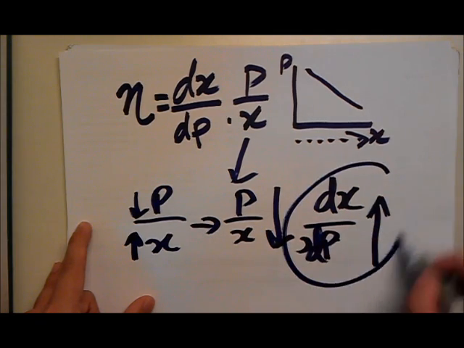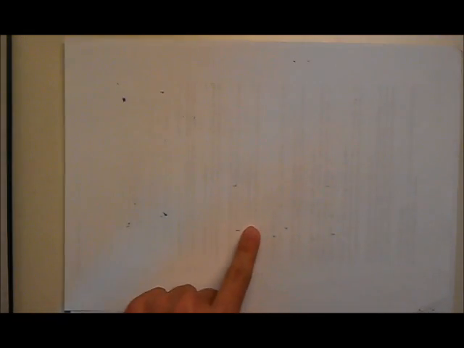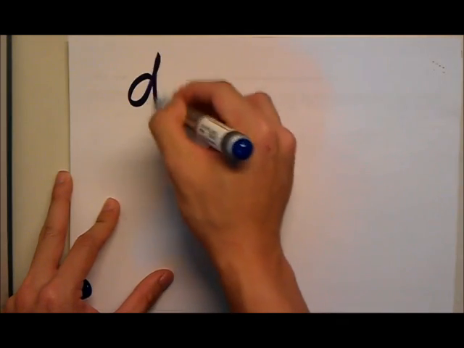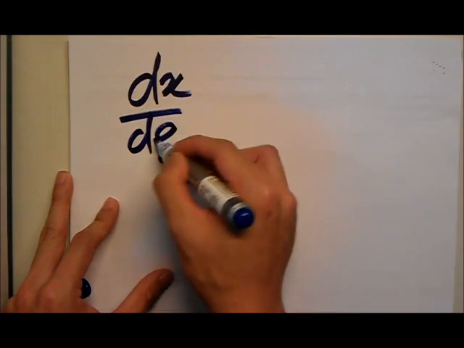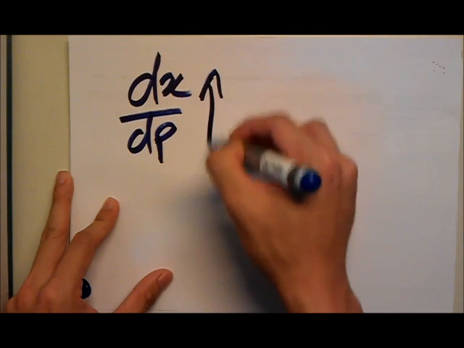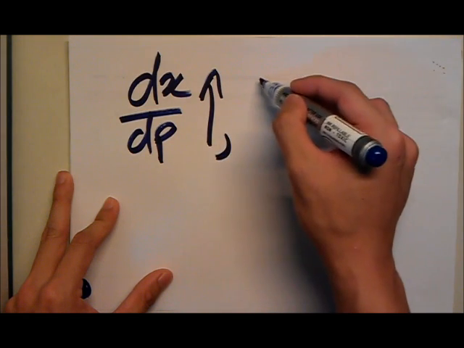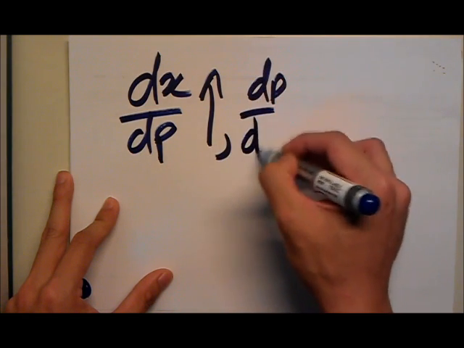Now, let's examine this. So dx over dp has to be increasing, and if you flip this around, it will be dp over dx.